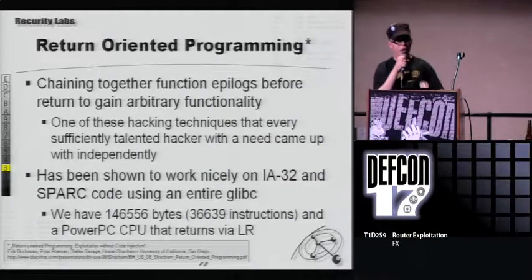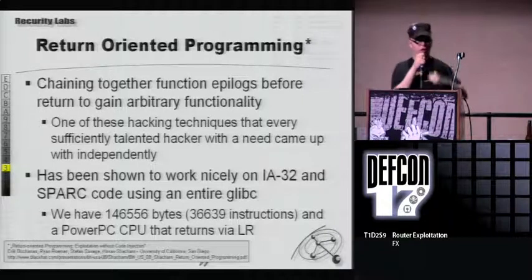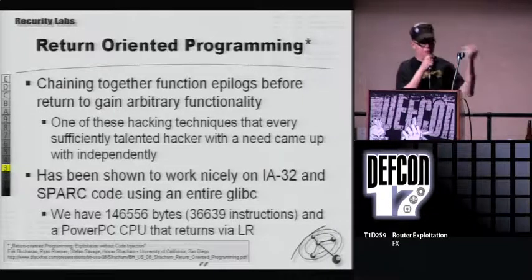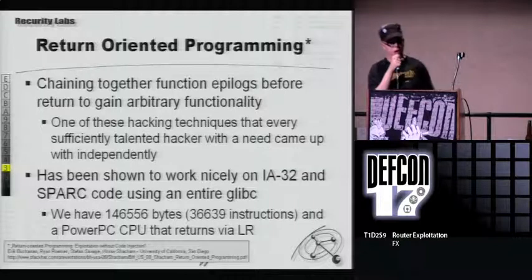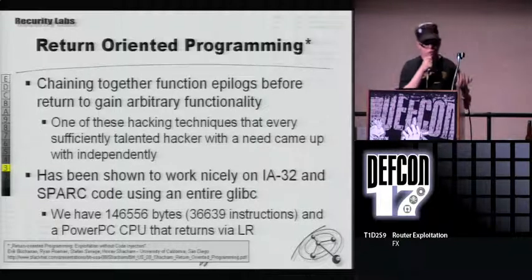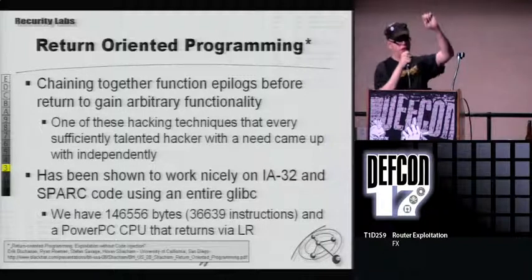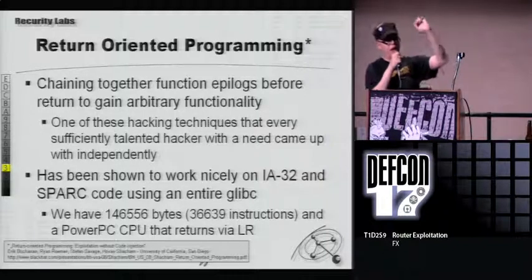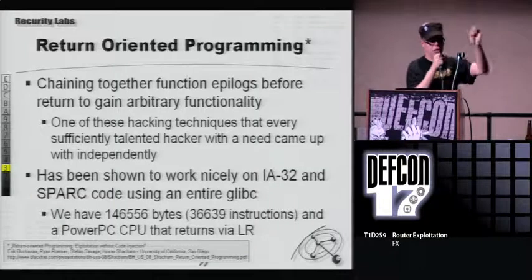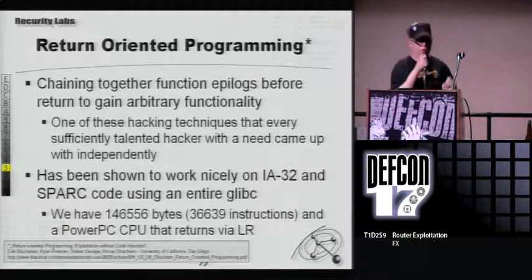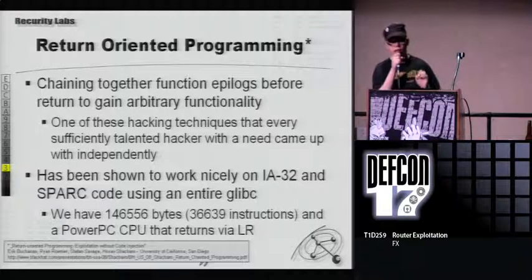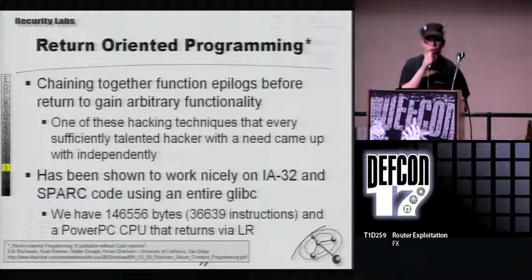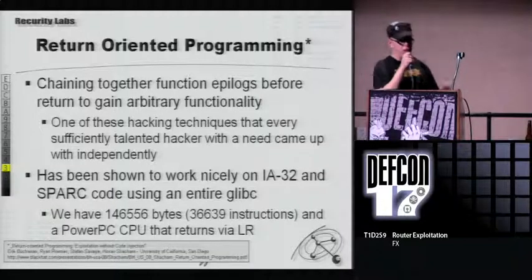And you keep jumping into function tails, because if you jump into a function tail, then it's going to pop stuff off the stack, and so the stack pointer goes up, and then you can actually control it again. So you use that, and then you use the few instructions before that to actually cause stuff to happen. And in this talk, they actually proved this method to be Turing complete on Intel and PowerPC. So we know that it's actually generalizable. And now we do the same thing with the ROMMON.